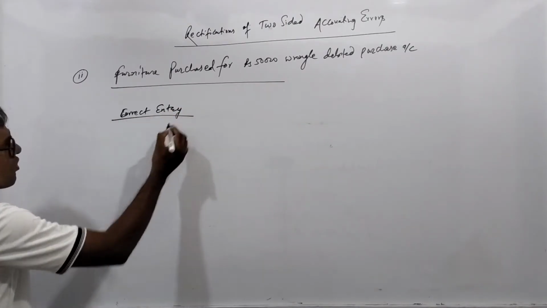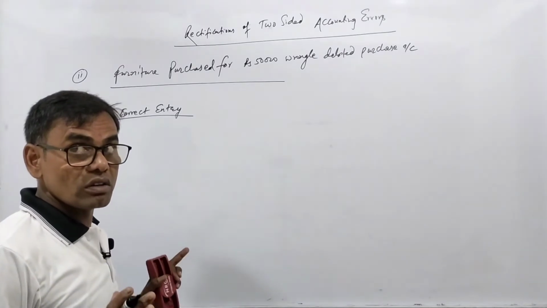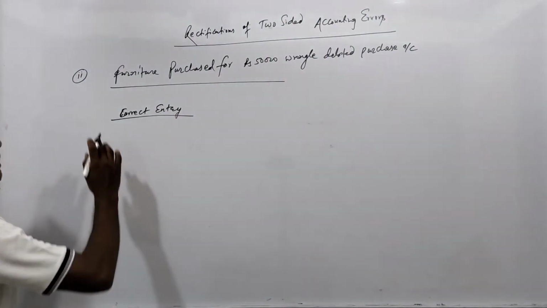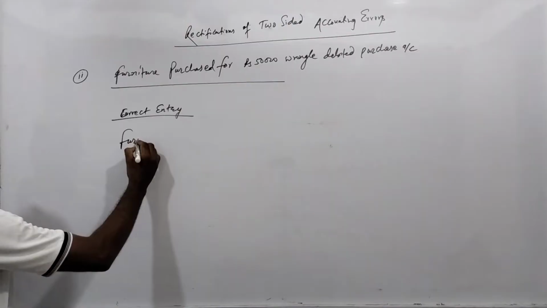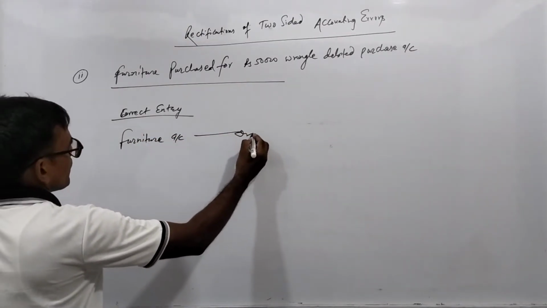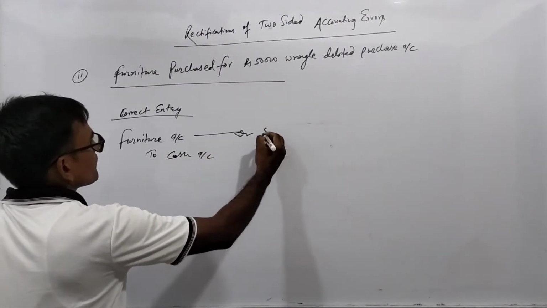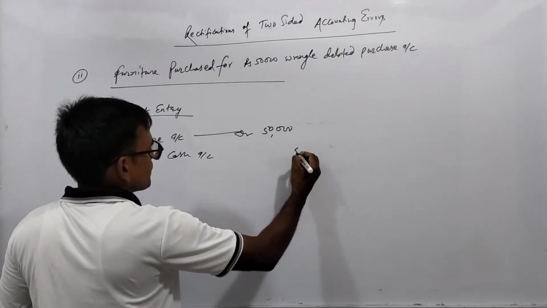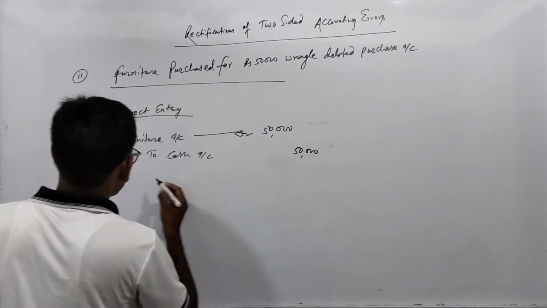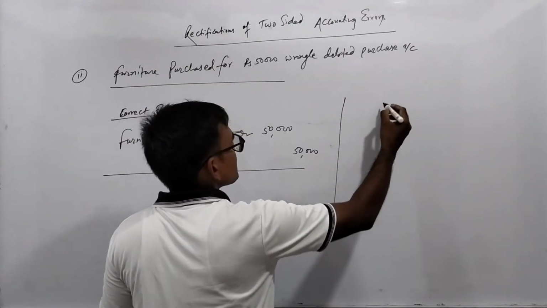First you have to set your mind. What is the correct entry? The correct entry is furniture account debit to cash account. If he has entered such a journal entry, there is no mistake. But what has he done?